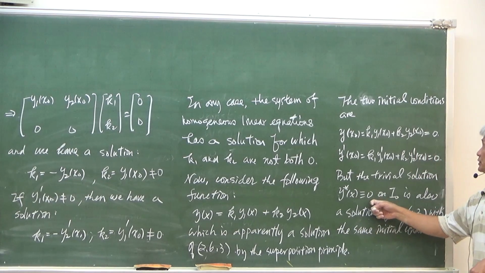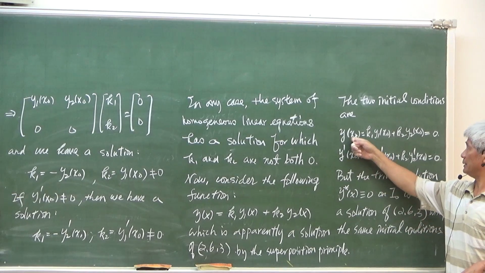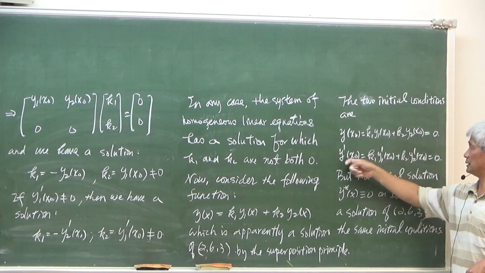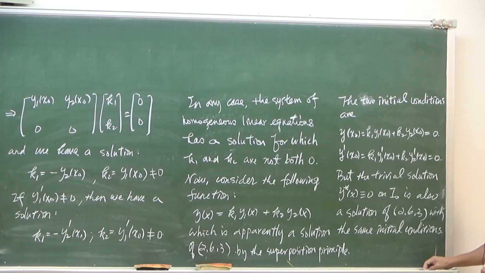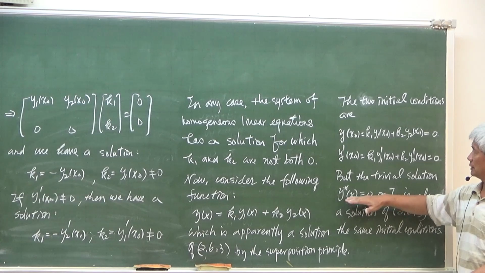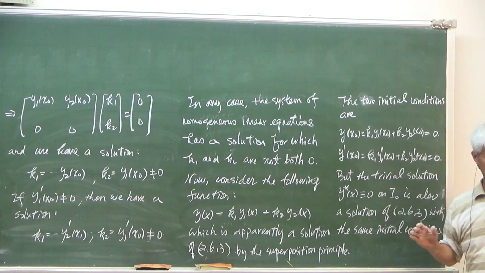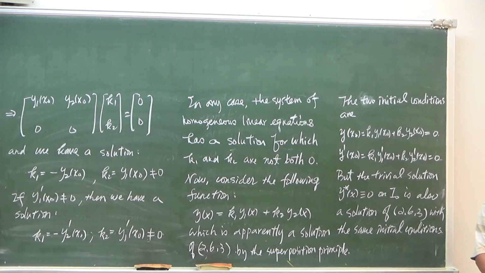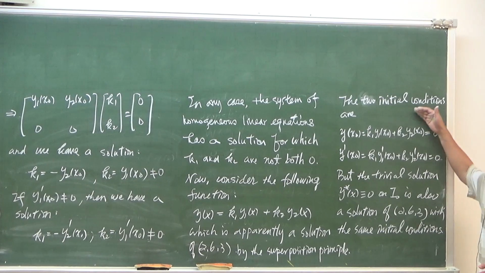Because it's the zero function, of course, at any point x0 the value is 0, and the derivative at x0 is 0. Okay, so this is a solution. y star and y are solutions of the homogeneous linear ODE of second order, and they have the same initial conditions.